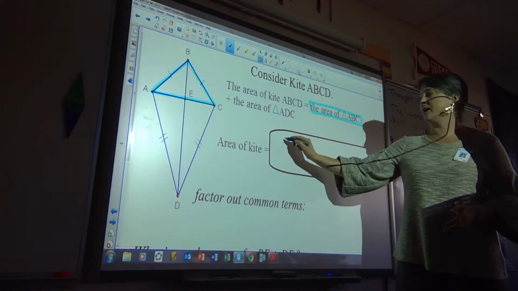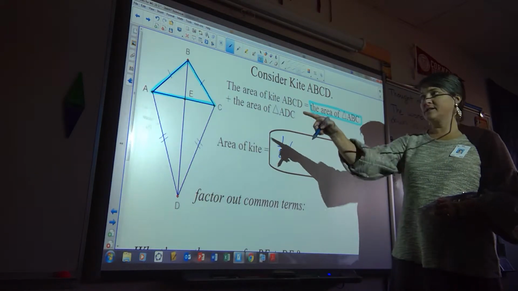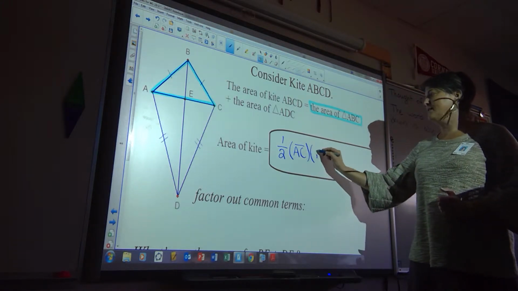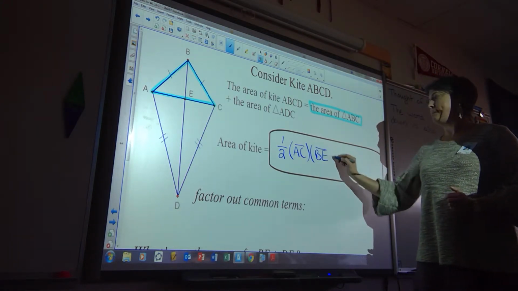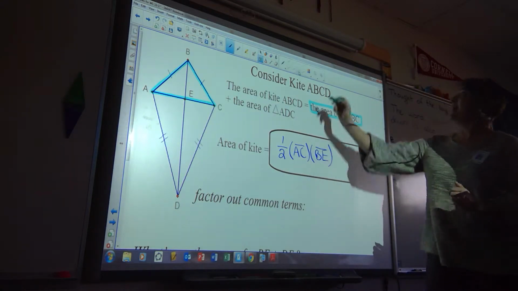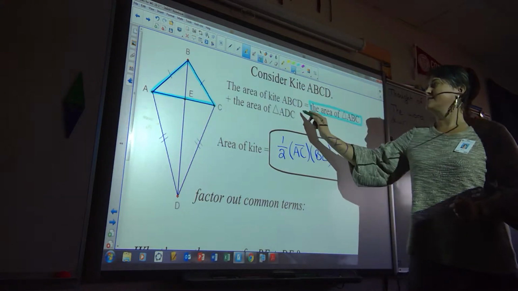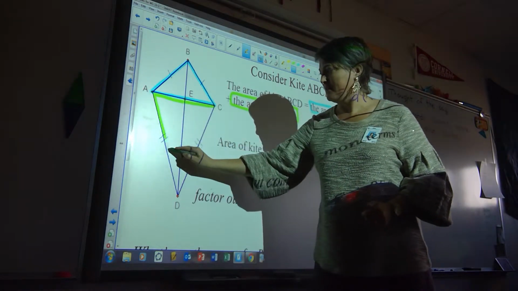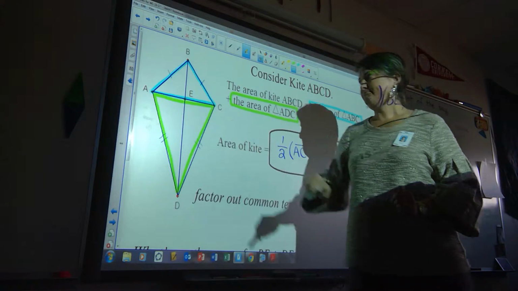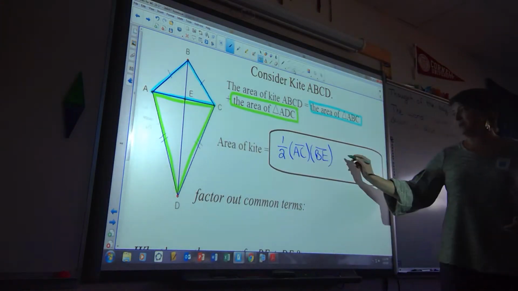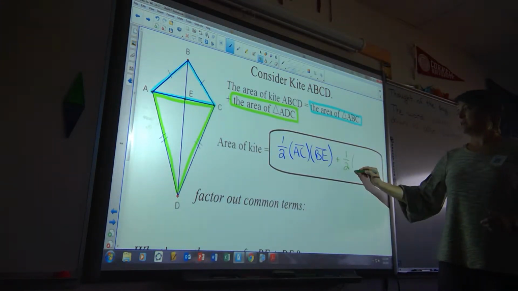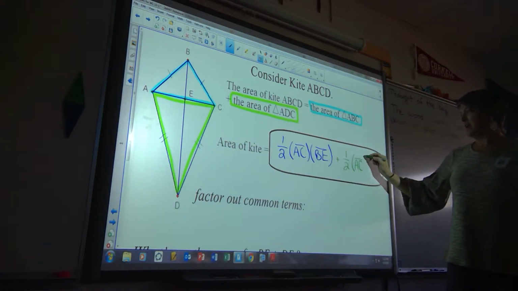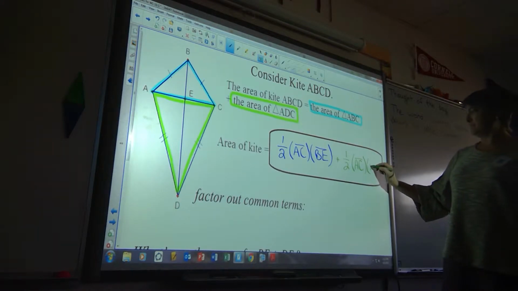Its area would be 1/2, the base is AC, and the height is BE. And we could add the area of this other triangle, which would be 1/2, the base is AC, and the height is DE.